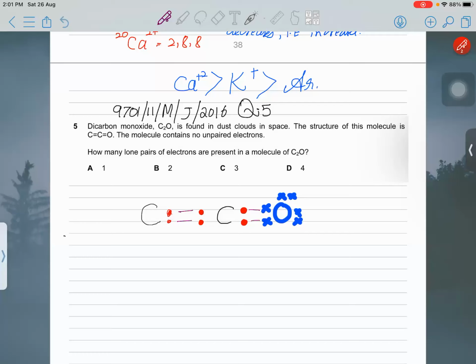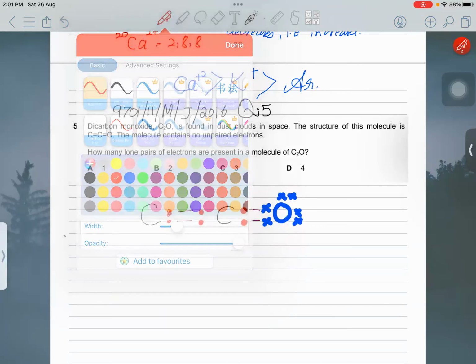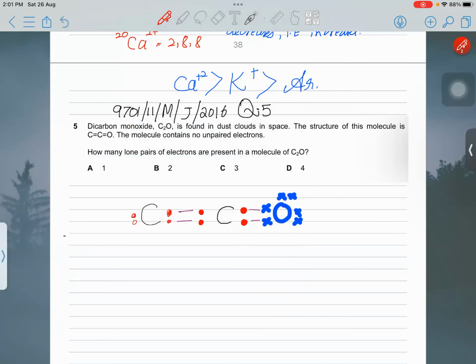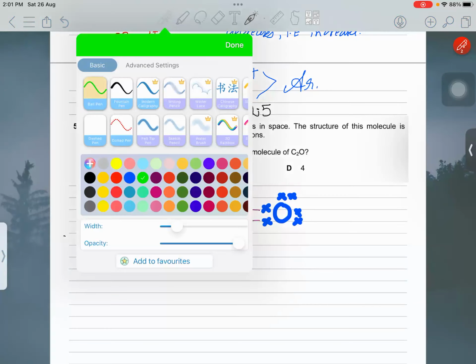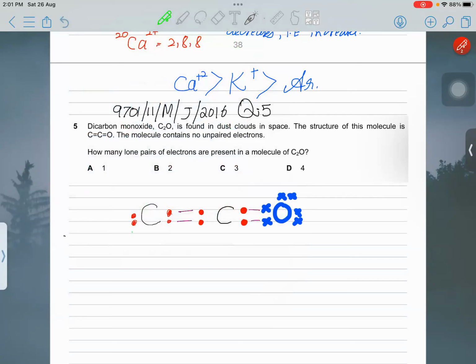Two, sir, because it's 1, 1, 1, 1, so that's 2 pairs of lone electrons. What about this carbon? That's three then. This is one, two, three.